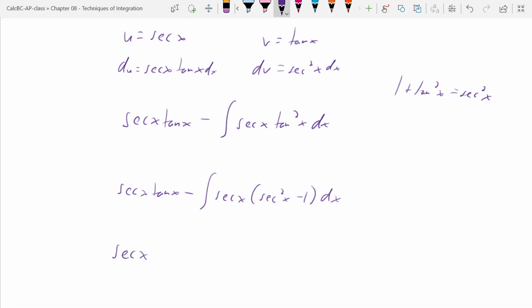Keep going. Secant x tangent x minus, I can actually keep this integral as, and make this the secant cubed x minus the secant of x dx.